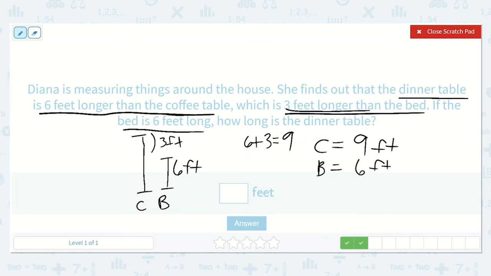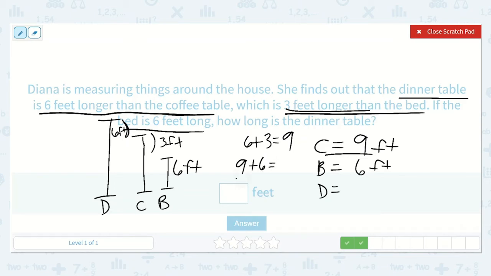We know that the bed is equal to 6 feet. And then she finds out that the dinner table is 6 feet longer than the coffee table. So we're going to draw the dinner table, and it is going to be 6 feet longer than the coffee table. So if we know the coffee table is 9 feet and the dinner table, we'll do D for dinner table, is 6 feet longer, we need to do 9 plus 6.